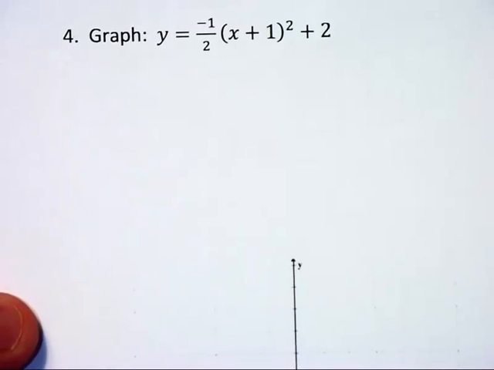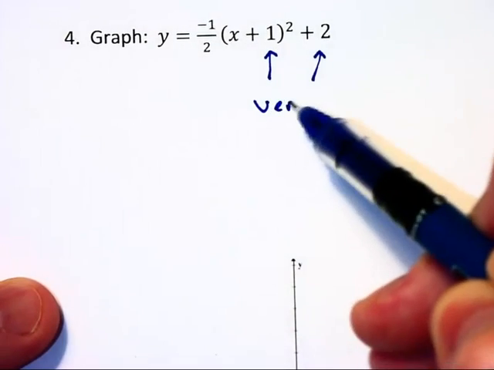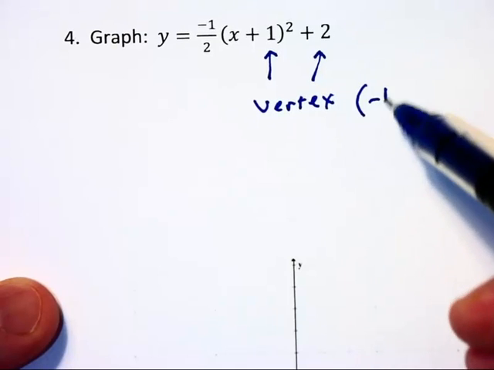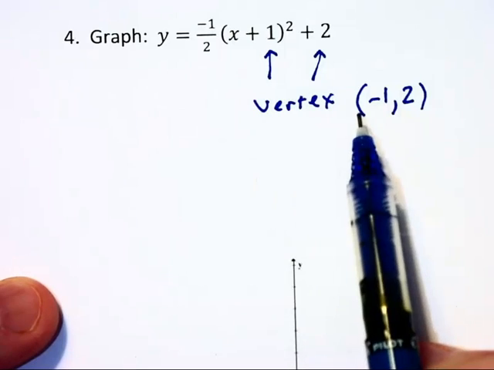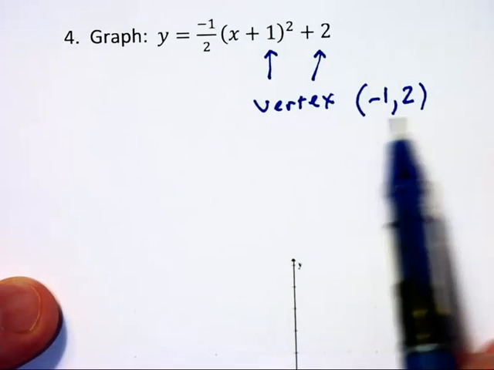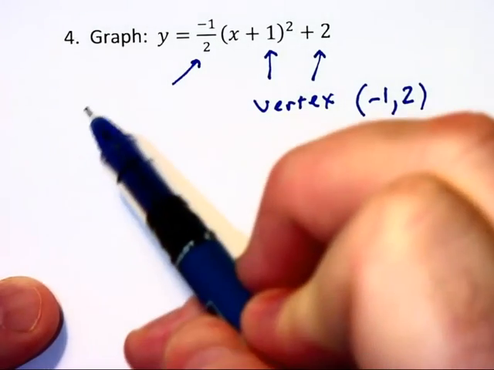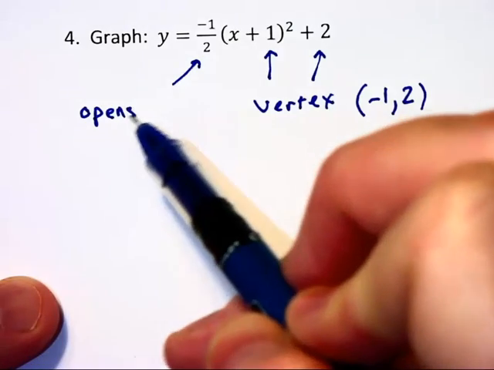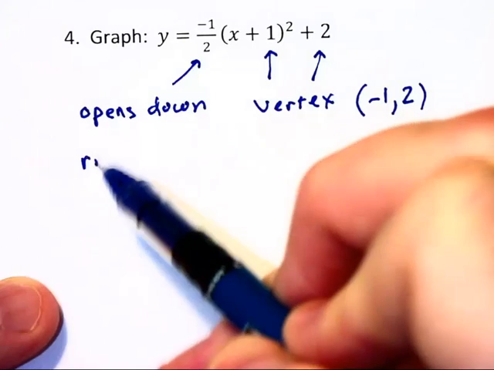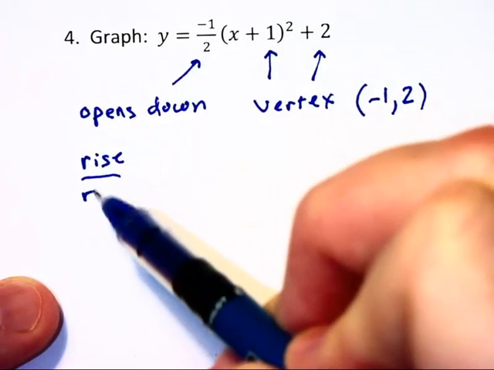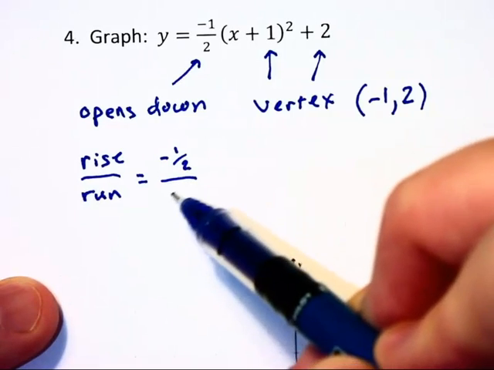Now let's get some practice with another problem. We can easily identify the vertex to be at -1, +2. Remember, we changed the sign of that 1 when it comes out into the vertex form. This value of -1/2 out in front tells us first off that this parabola opens downward because it's negative, and we can think of it as having a kind of slope with a rise of -1/2 and a run of 1.